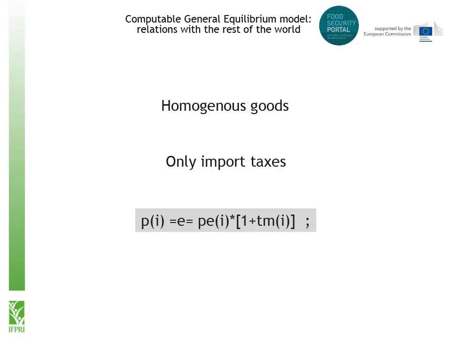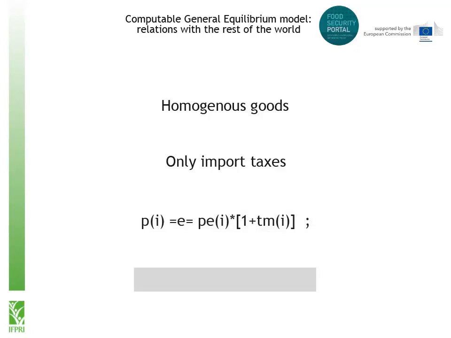So import taxes can be differentiated from one sector to the other. And if there is no import tax, the local price is aligned on the world price. We do not suppose transportation costs to simplify the model. And if the import tax is positive, the local price is greater than the world price.